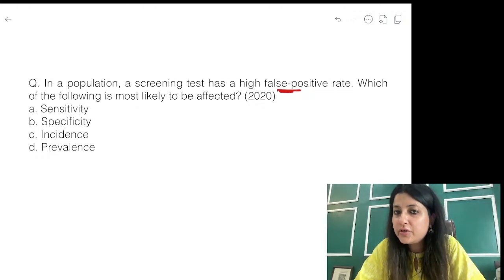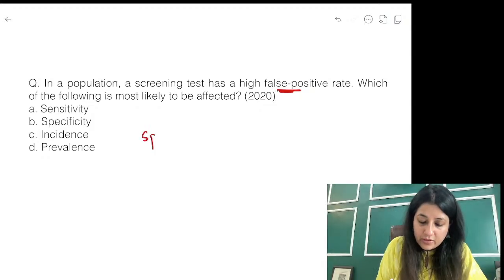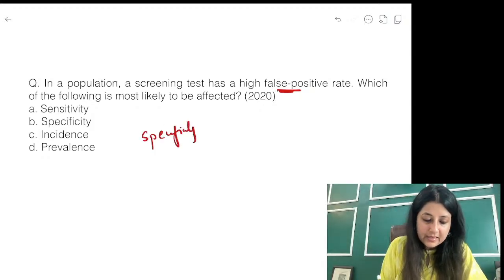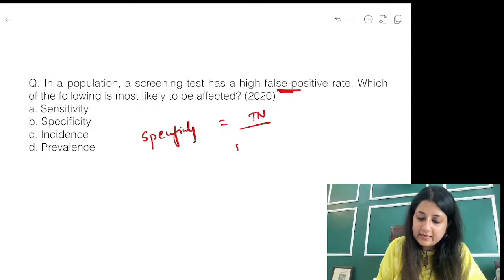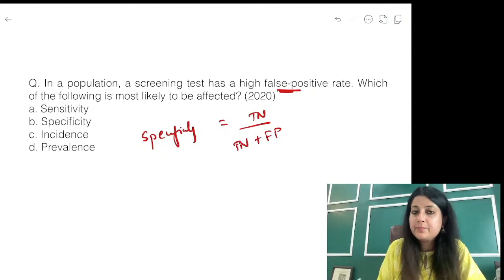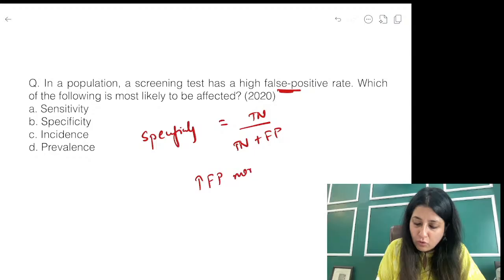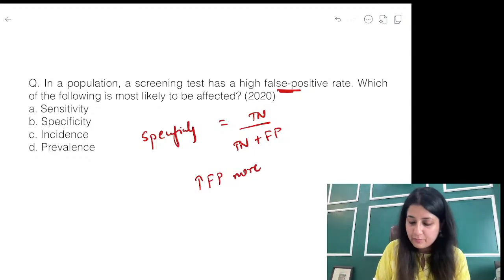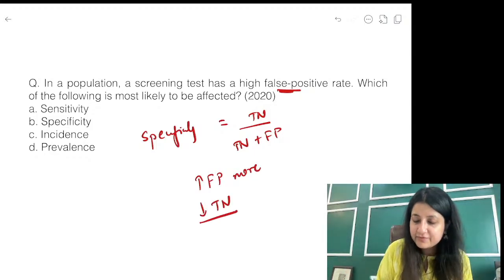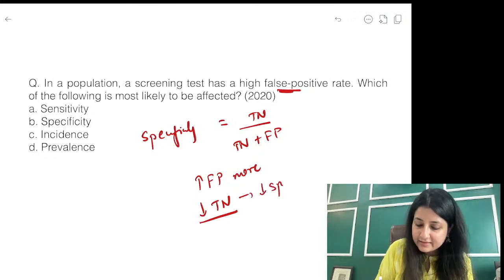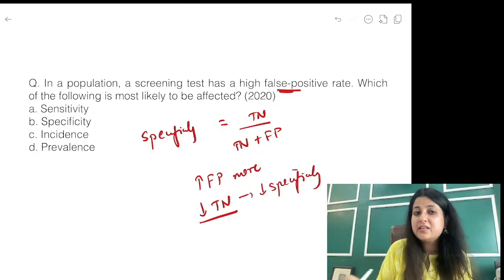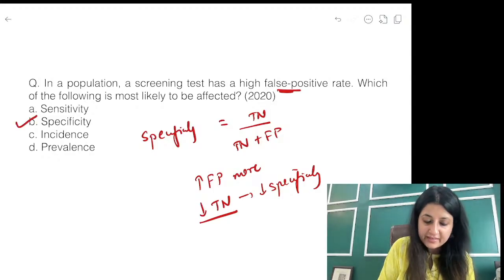So you all know specificity. Specificity होती है TN upon TN plus FP. Now if FP is more, obviously if false positives are more, that means true negatives are less. And what is true negative? True negative is nothing but specificity. So what is it that's going to get affected?